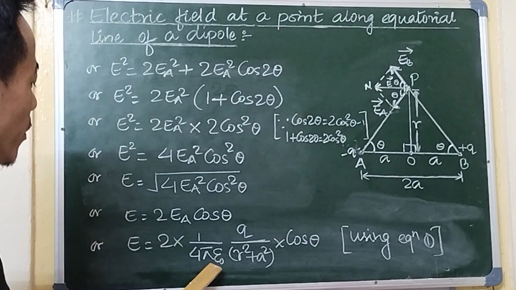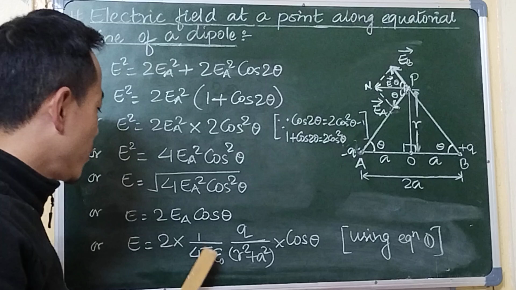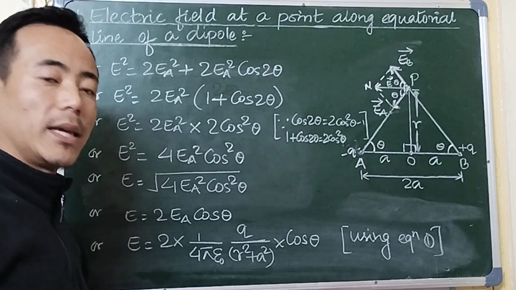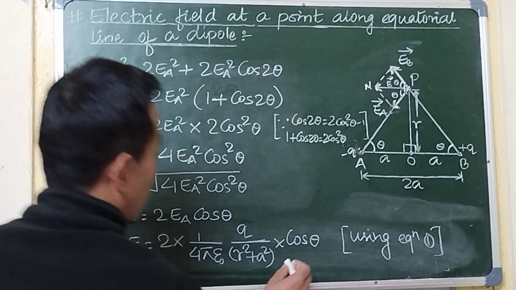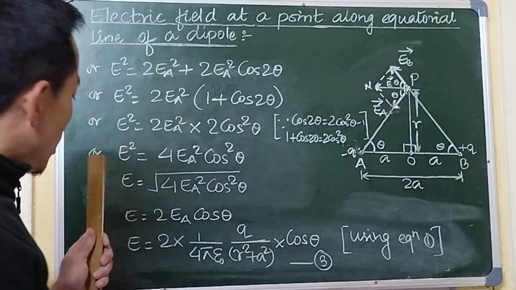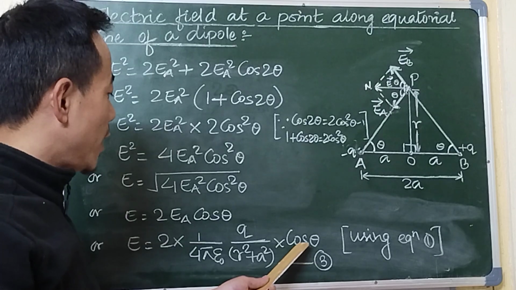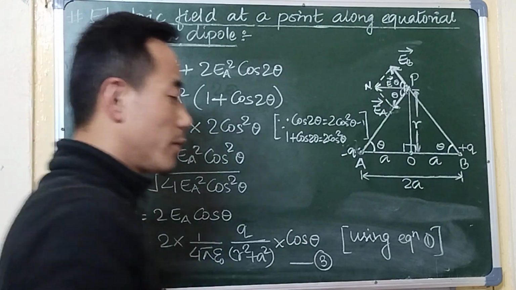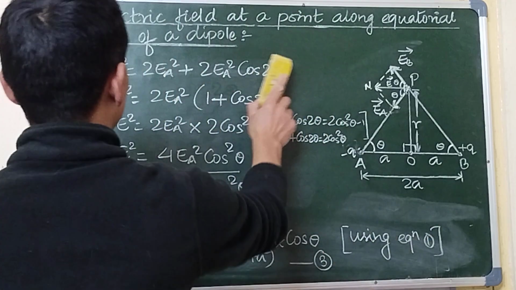So from equation number 1, we have replaced the value of EA, which is 1 by 4 pi epsilon naught Q divided by R square plus A square. So let this be our equation number 3. So now what we need to do is we need to find the value of this cos theta. So let's find the value of this cos theta and put it here.